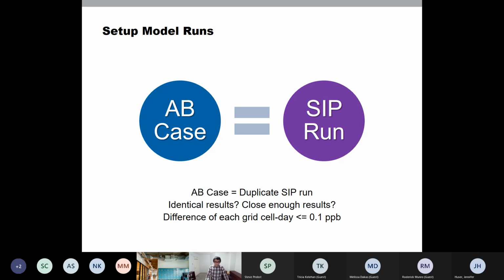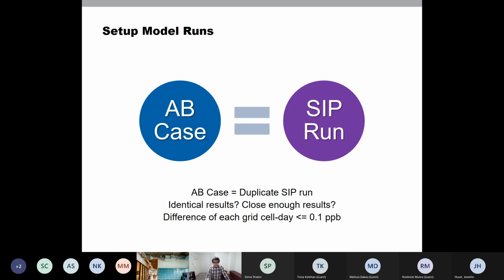We create this attainment baseline case to verify the model is still valid and can duplicate the SIP model runs. Well, we're looking for identical results, but apparently not all the time, because of model updates and all the different ways of compiling the executables. Sometimes we don't get exactly identical results, but if it's close enough, we call it okay to use.